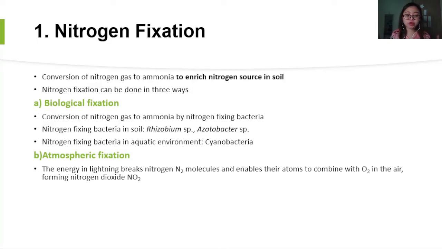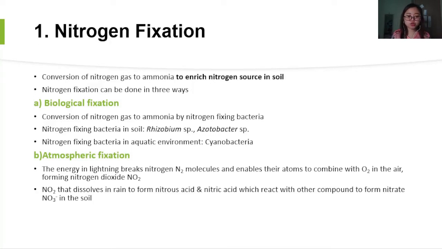Atmospheric fixation is when the energy in lightning breaks nitrogen molecules and enables their atoms to combine with oxygen in the air, forming nitrogen dioxide, NO2. NO2 dissolves in rain to form nitrous acid and nitric acid, which react with other compounds to form nitrate, NO3 negative, in the soil.